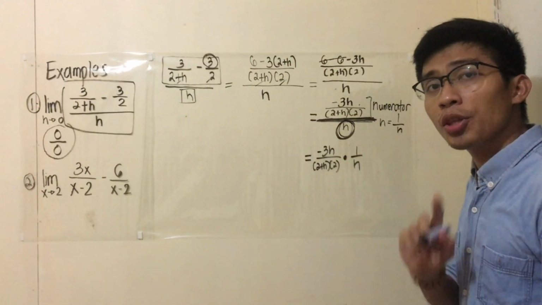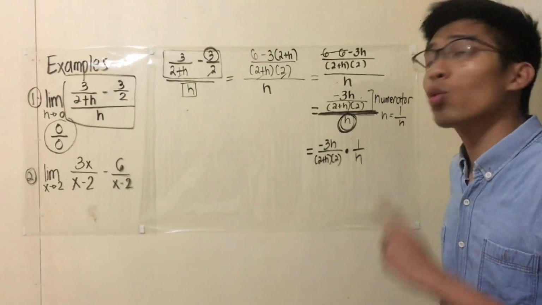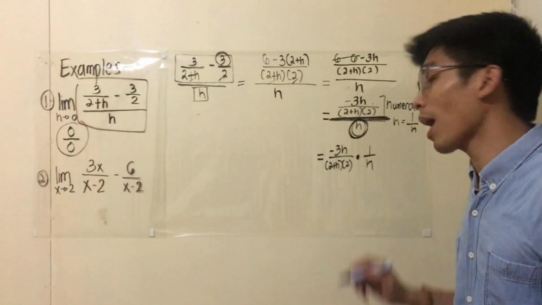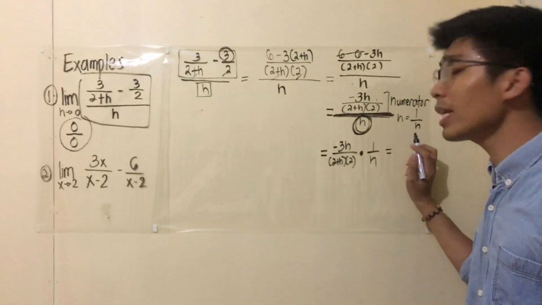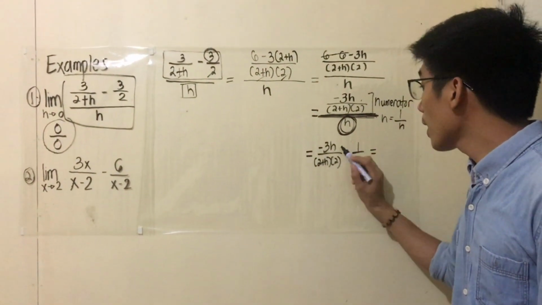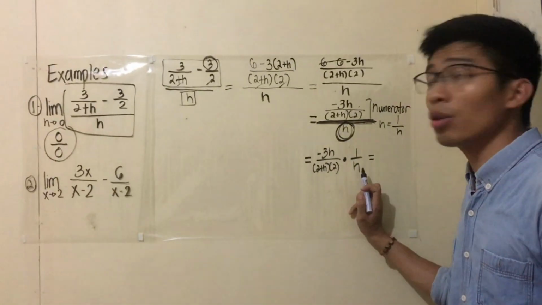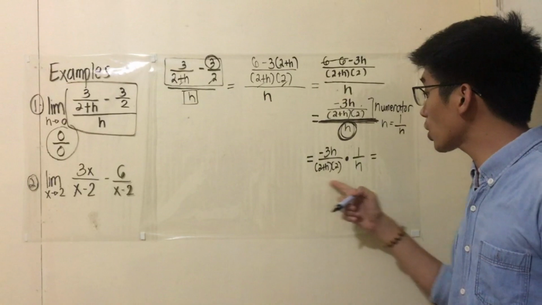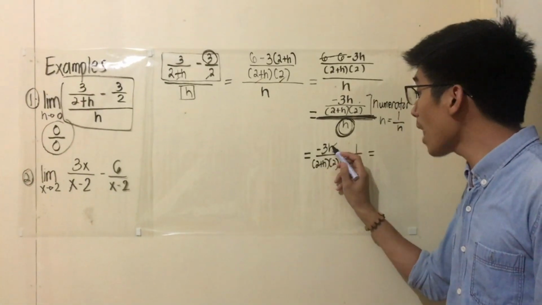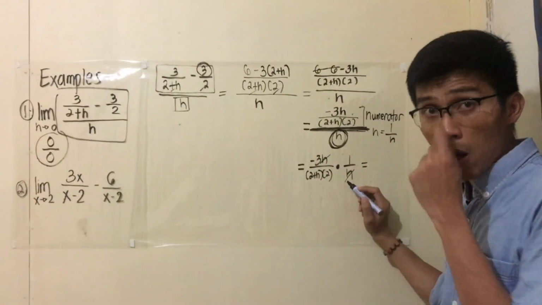So after applying the rules of dividing fractions, we apply the rules of multiplying fractions. How do you multiply fractions? Numerator to numerator, denominator to denominator. Take note, as you observe in this form, you can cancel out h because you are now multiplying.